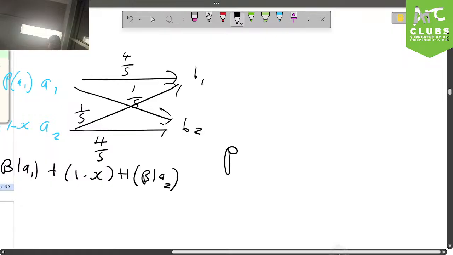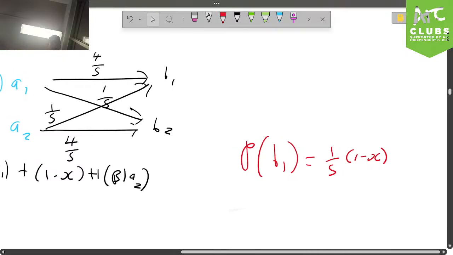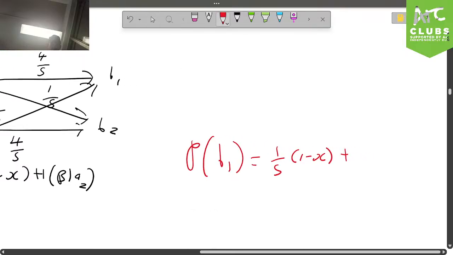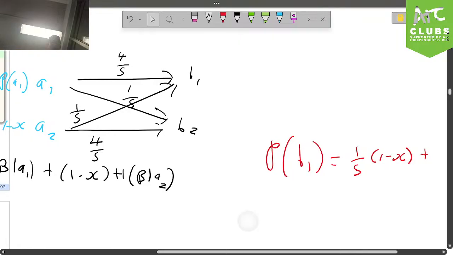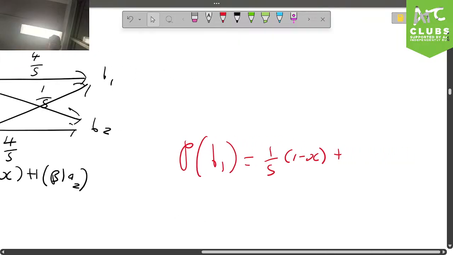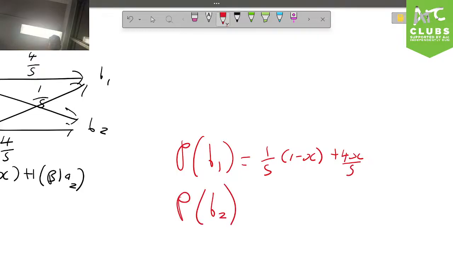The probability of B1 is 1/5 times 1 minus X plus X times 4/5. Okay, and likewise you can find the probability of B2.